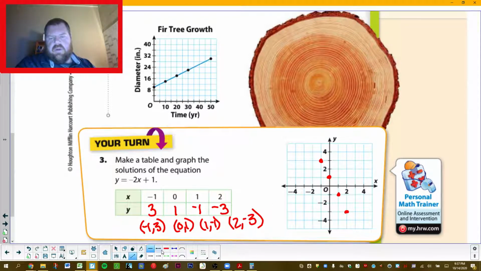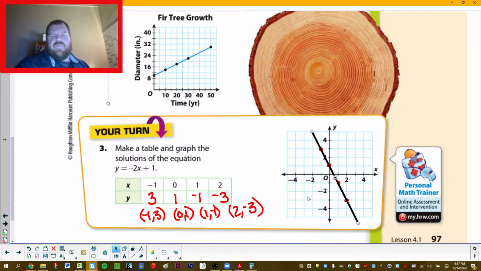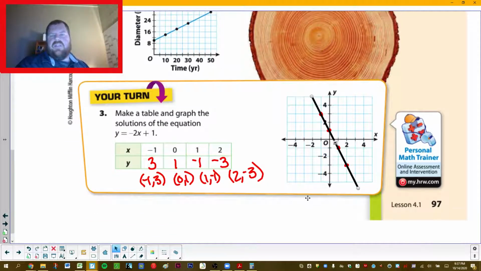I'm going to go ahead, and I don't like to call it cheating, I like to call it using my resources to give myself a straight line. I don't draw straight lines very well on this tablet. Okay? And that's it for today.